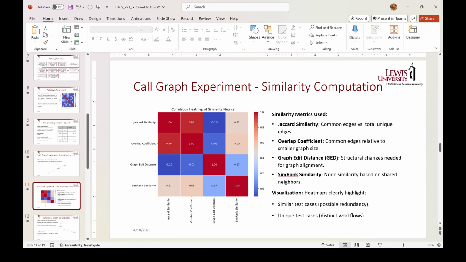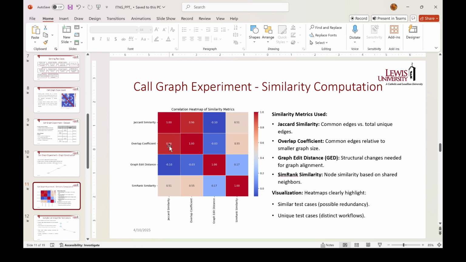This correlation heat map compares how the different similarity metrics relate to each other. We can see that Jaccard and overlap coefficient have a very strong positive correlation of 0.96, meaning they often agree on graph similarity.